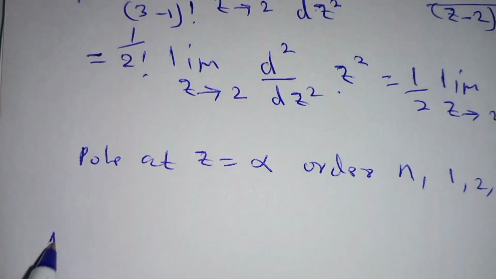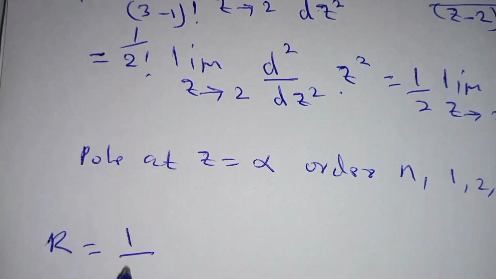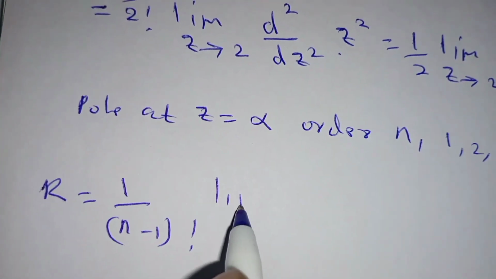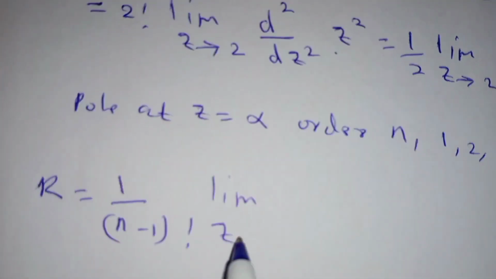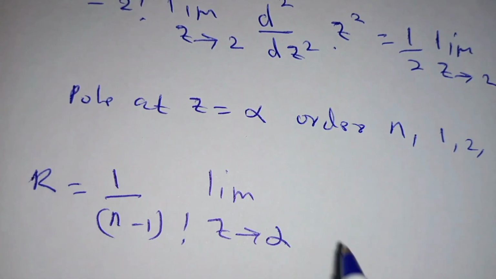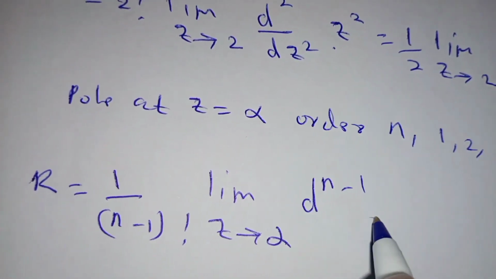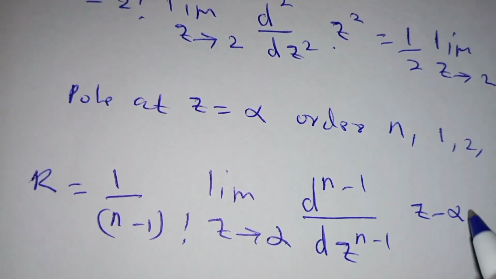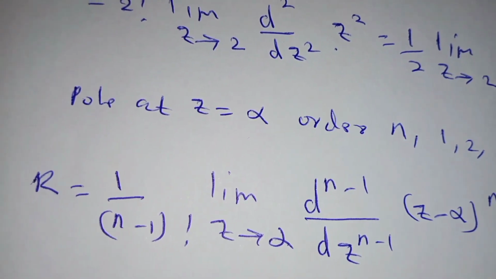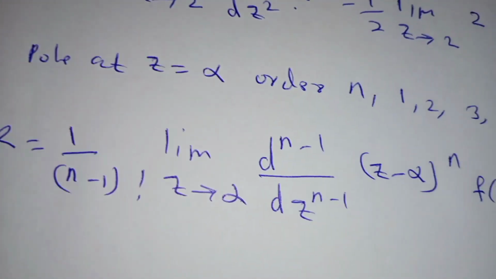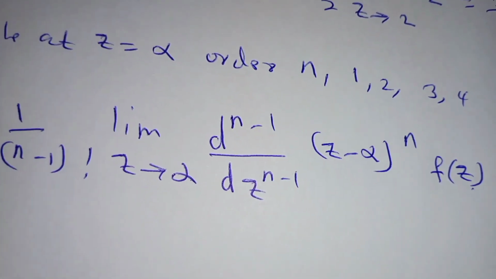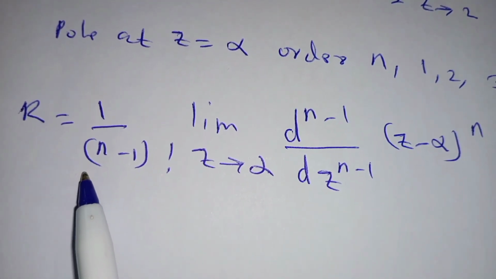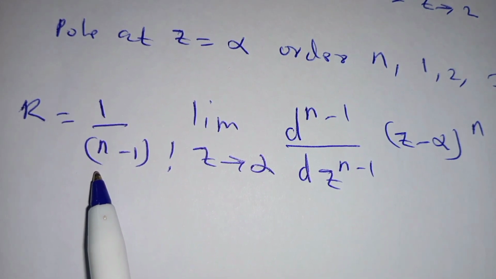To obtain the residue, the general formula is given by 1 over (n minus 1) factorial, limit as z tends to alpha, where alpha is where your function is not defined, of d to the power n minus 1 divided by dz to the power n minus 1, of (z minus alpha) to the power n, multiplied by f of z. F of z is your function which you are given. So this is the general formula for obtaining the residues at multiple poles.